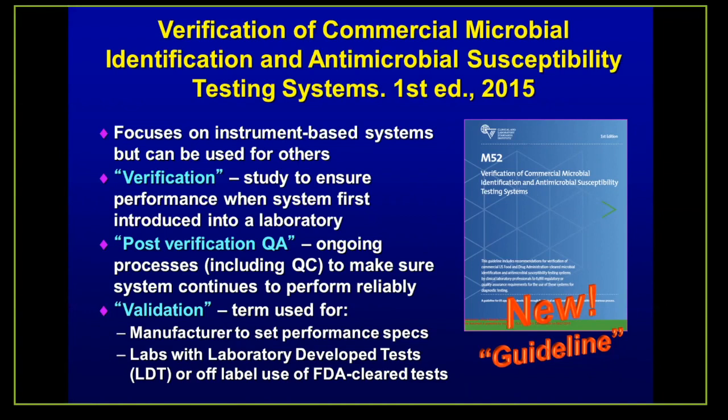A standard, on the other hand, like our M100 that we all use in our laboratories, identifies specific requirements for a method or practice. It's also for voluntary use, but it should not be modified by the end user. So this M52 is a guideline, it's not a standard.